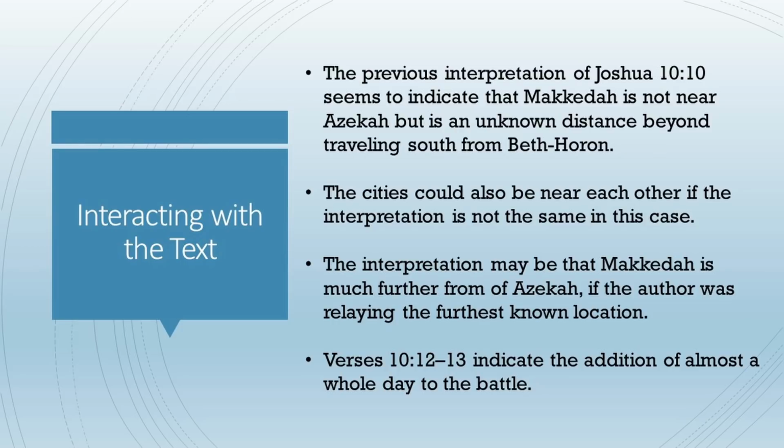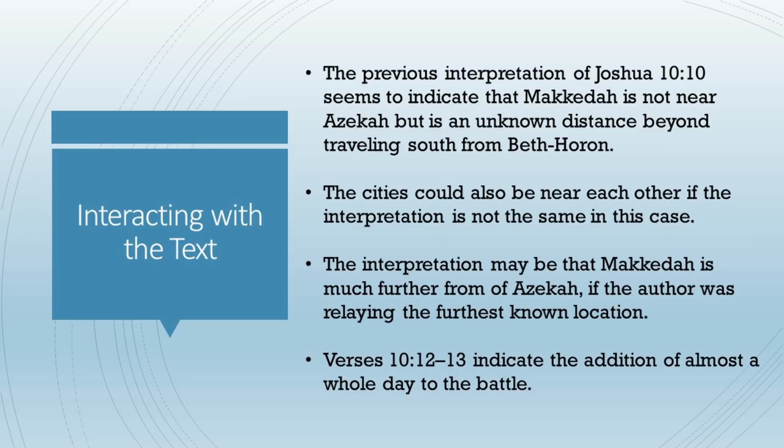The previous interpretation of 10:10 seems to indicate that it's some unknown distance beyond Azekah, traveling south from Beth Horon if you follow the natural route. So they're descending south. They're fleeing from the Lord, and there are hailstones being tossed on the Amorites, right? And so the cities could also be near each other, but again, that's how you interpret it.